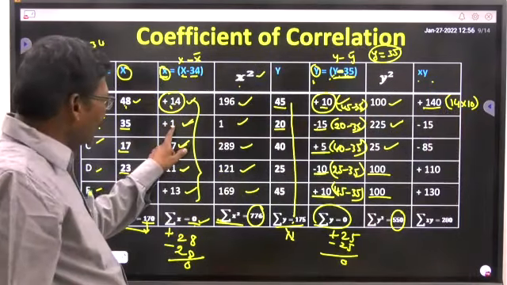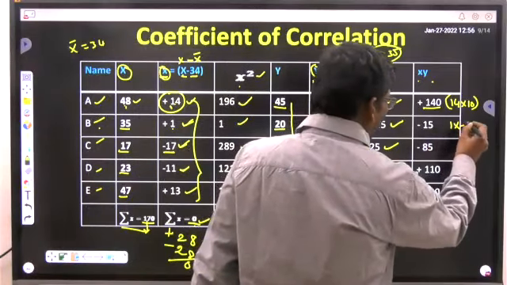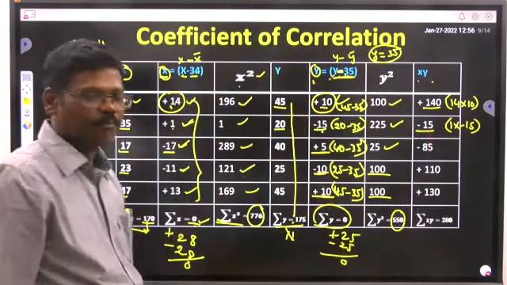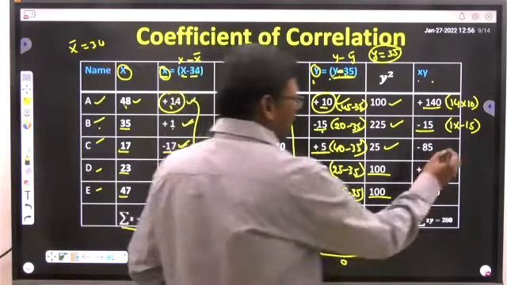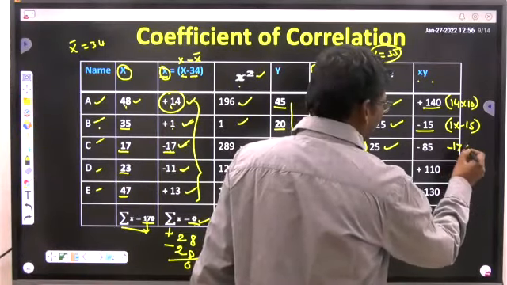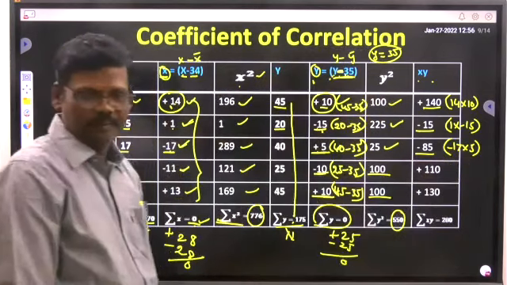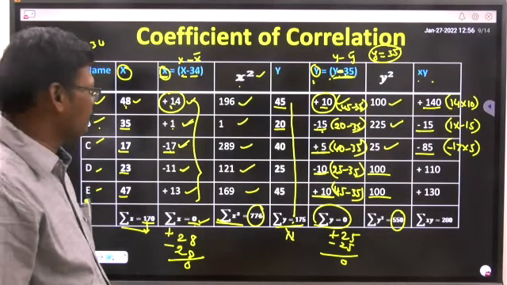Like that, 1 into minus 15 is minus 15 only. Like that, minus 17 into 5 is equal to minus 85.